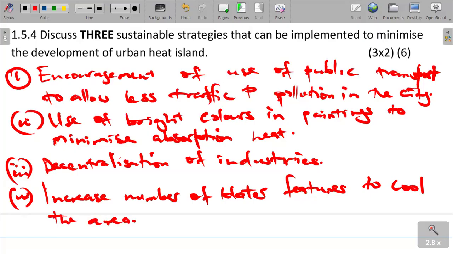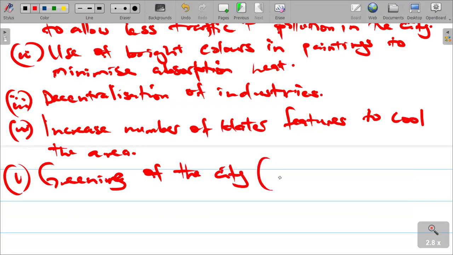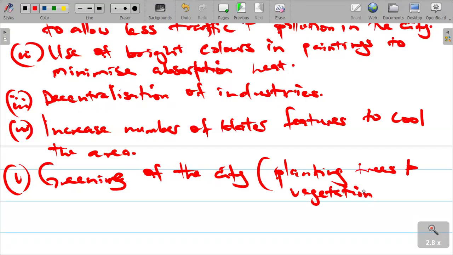Water features or greening of the city is another point to say: planting trees and vegetation. This has to do with the parks, trees and vegetation. Planting trees and vegetation can also help in terms of this.